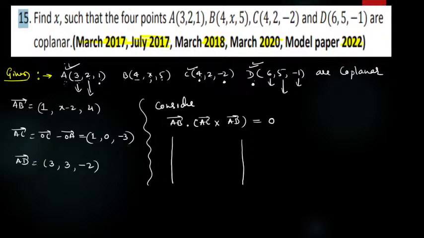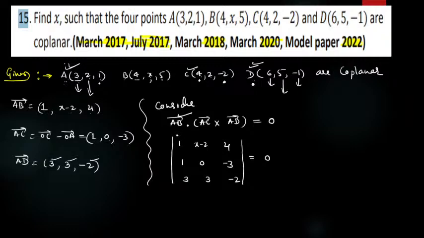In the first row you write the components of AB, that is 1 comma x minus 2 comma 4. In the second row you write 1, 0, minus 3, and in the third row you write 3, 3, minus 2. Okay, resolve this by taking it equal to 0 and then find the value of x.